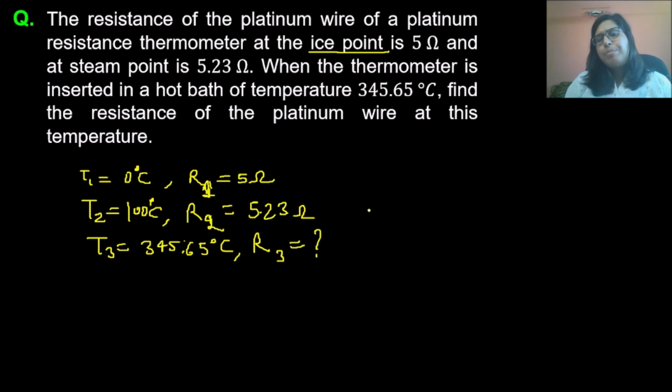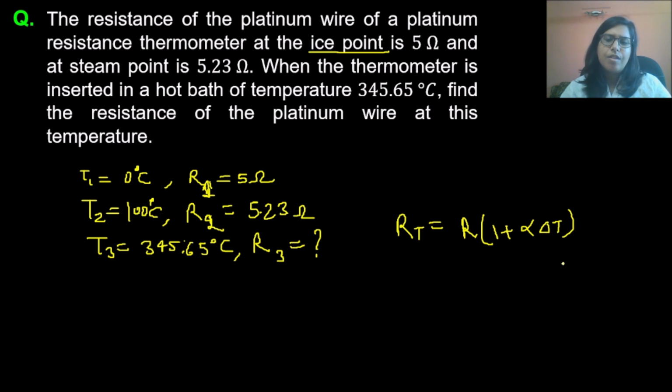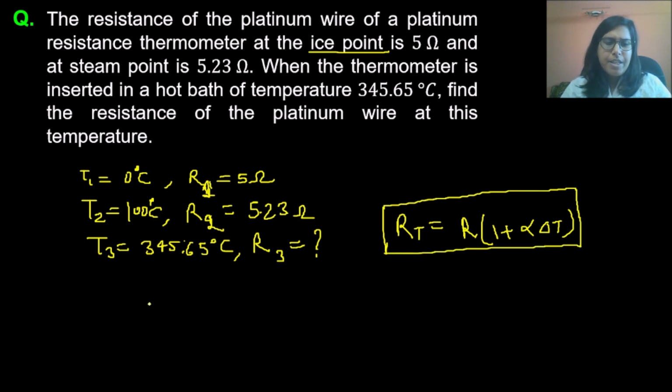At a temperature T, resistance will be R into 1 plus alpha into delta T, right? So remember this formula also, and based on this we can calculate the resistance at temperature T2. At T2, R equals R at T1 into 1 plus alpha delta T. Delta T is here 100 minus 0.